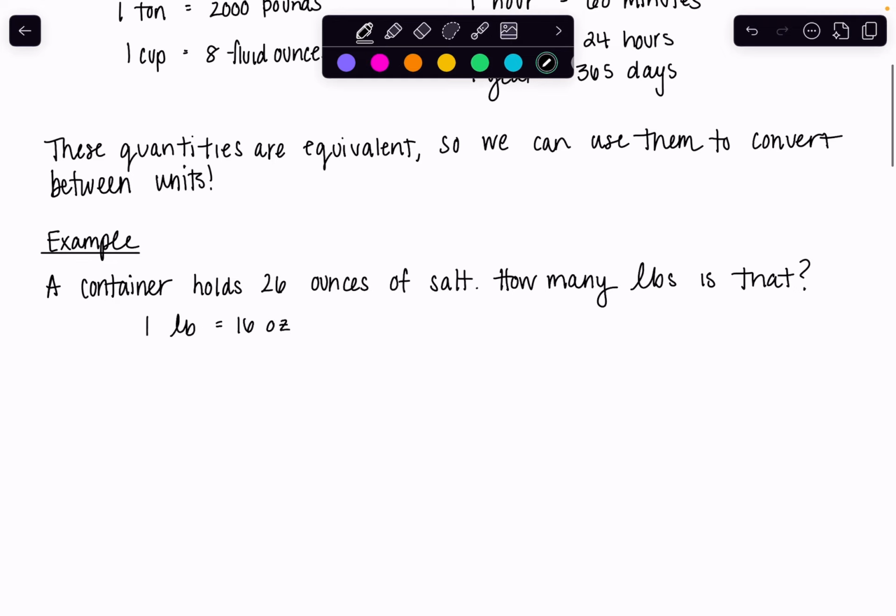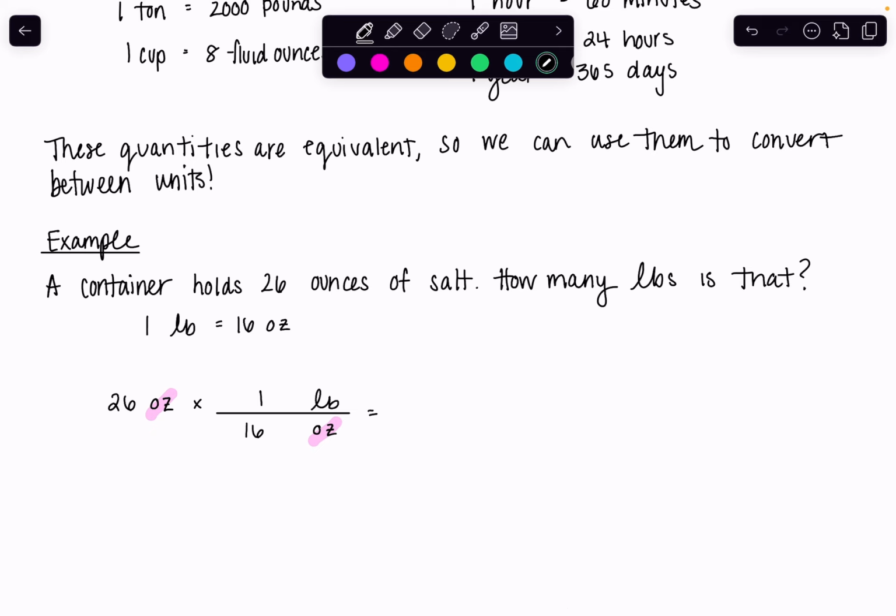Okay. So if I'm starting with 26 ounces and I want to get rid of the ounces unit, I'm going to put that in the bottom and pounds is going to go in the top. So this way ounces is gone and then 1 pound is 16 ounces. So again, this is really like I've multiplied by 1.